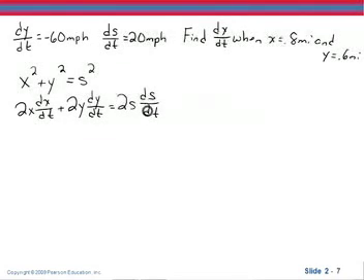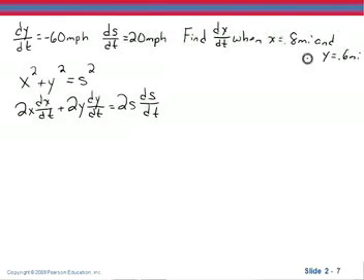Now as we look at this, we are looking for dx/dt. We know x, we know y, we know dy/dt, and we know ds/dt. We are missing our s. And so we do need to find that information before we can plug into this formula. Otherwise, we will have two unknowns.